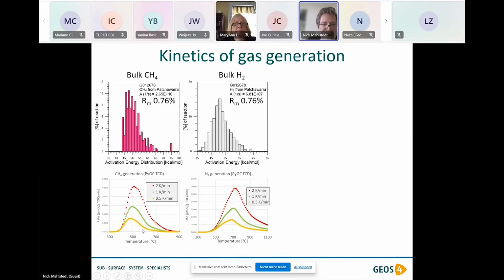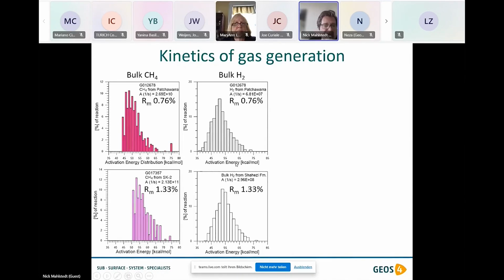We see here that at all heating rates, the gases are generated over a very broad temperature interval, which translates to very broad activation energies. For hydrogen, we even had to use a 2 kilocalorie per mole spacing to cover the complete bulk reaction within 25 activation energies, which is a prerequisite in the Kinetics 15 software to calculate those activation energy distributions.